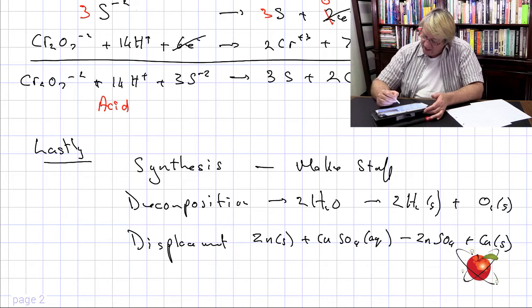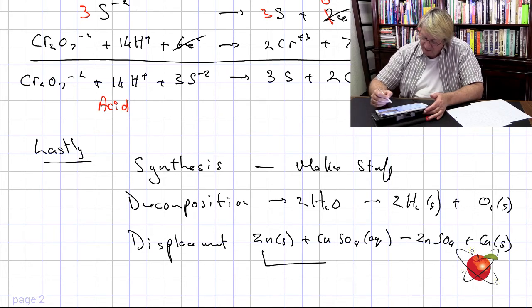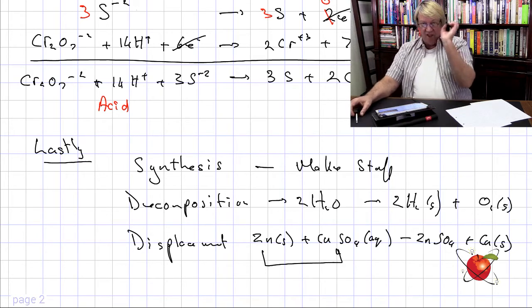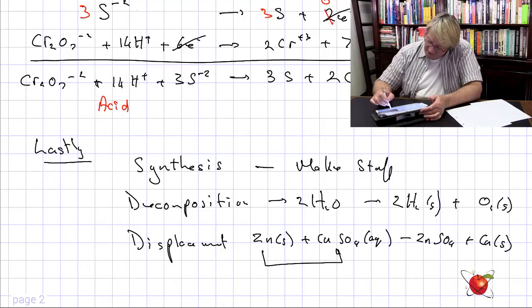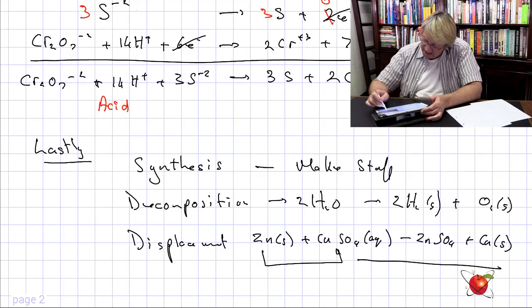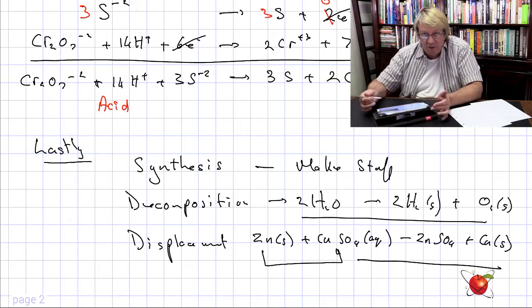You can see what happened in this one is the zinc displaced the copper. The zinc took over copper's role and the copper precipitated out. This is a very important reaction, as is that one. That's why I've put them down.